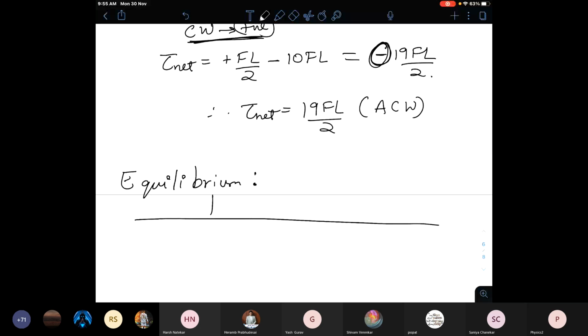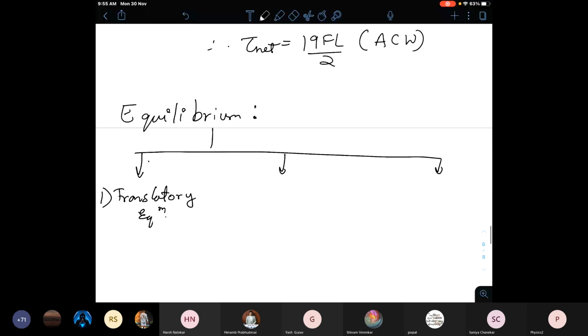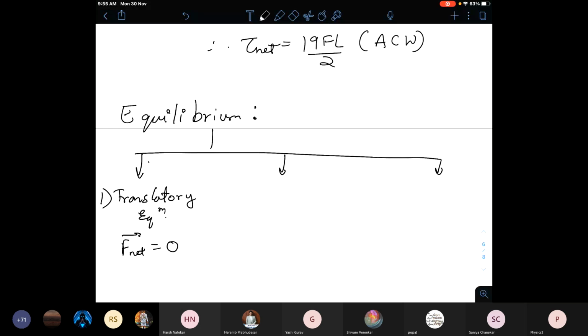First is translatory equilibrium. What do you mean by translatory equilibrium? That only net force is equal to zero. When the net force on a body becomes equal to zero, it is translatory equilibrium.